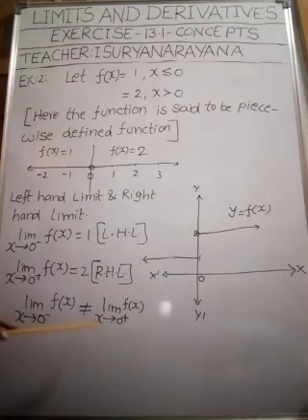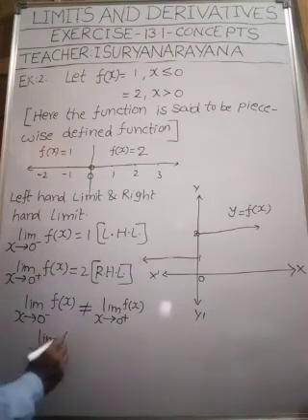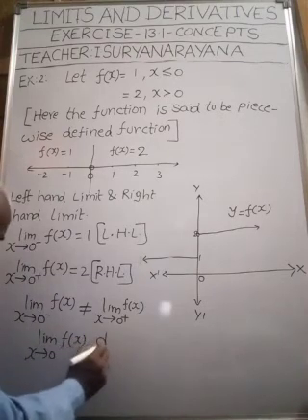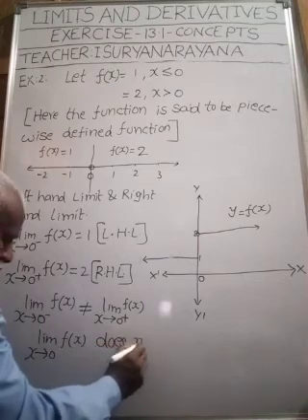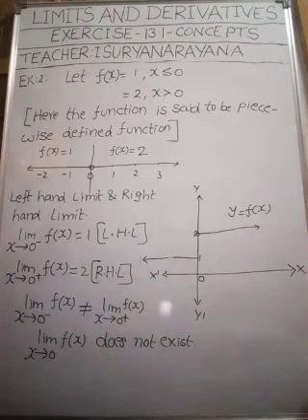In this case we say that the limit of f of x as x tends to 0 does not exist. If both are equal, then we say that the limit of that function exists, and this value is said to be the limit of that function. Understood this point, my children?